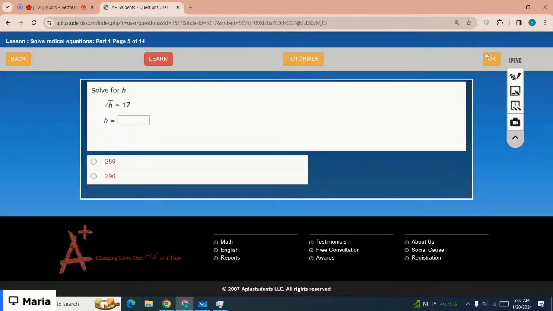Okay, solve for h. So which is the correct option?